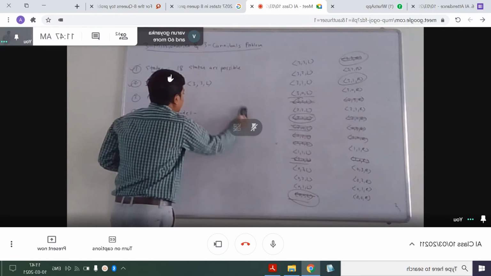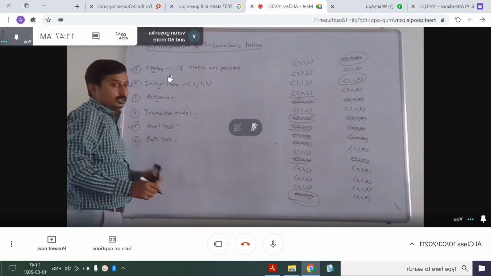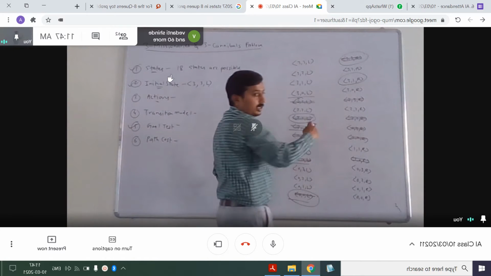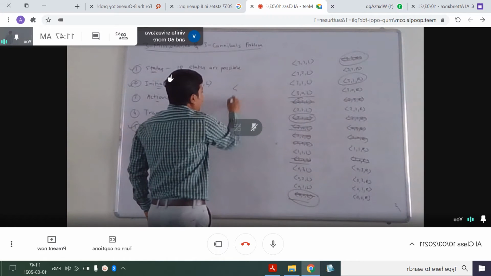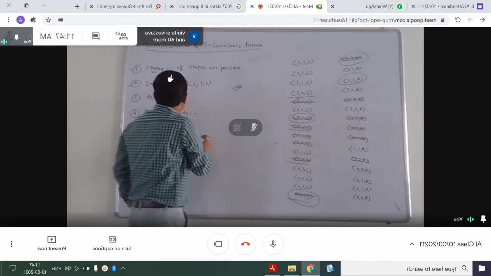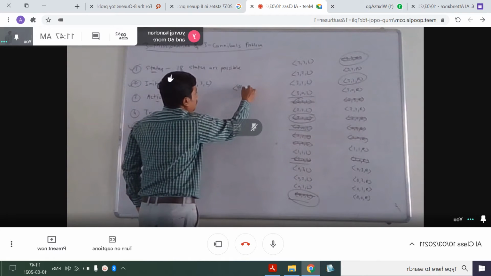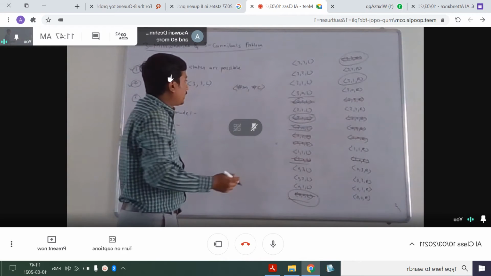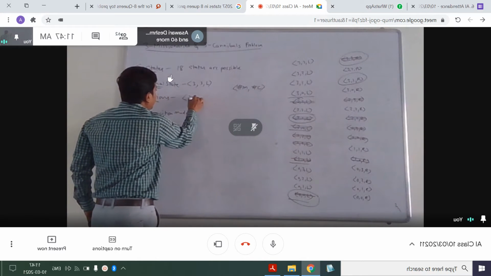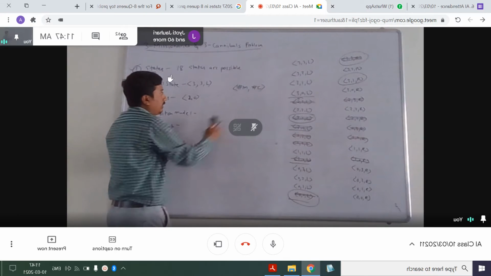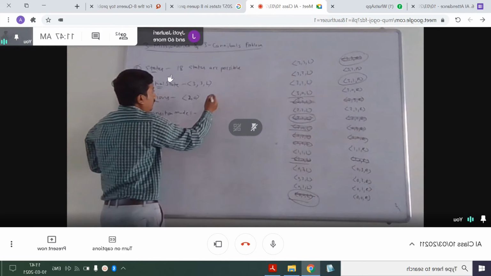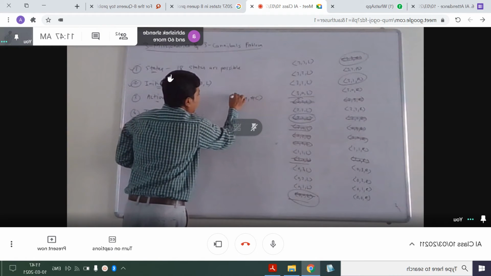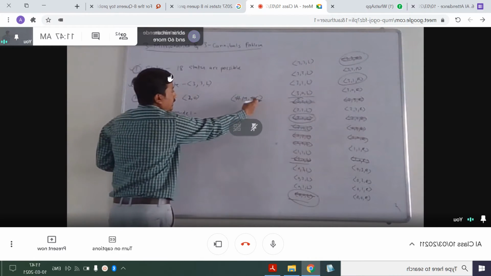Now actions. Now what is happening? We are carrying people with the help of the boat, right? This boat can carry 2 missionaries. So I am representing action with this couple: number of missionaries, number of cannibals.